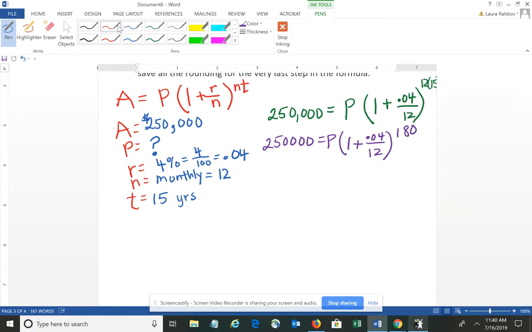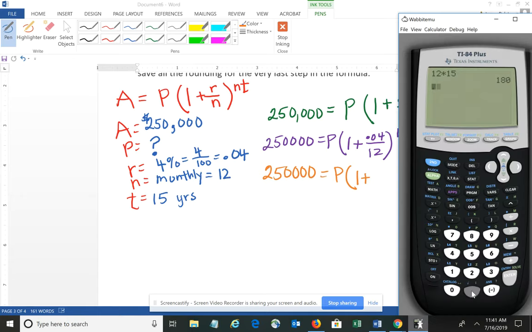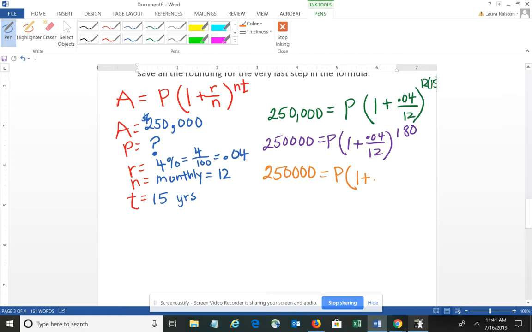Okay, then I want to deal with the parentheses. So I have 250,000 equals P times 1 plus, and I'm going to need to do the division, 0.04 divided by 12, which gives me 0.003, repeating, raised to the 180th.